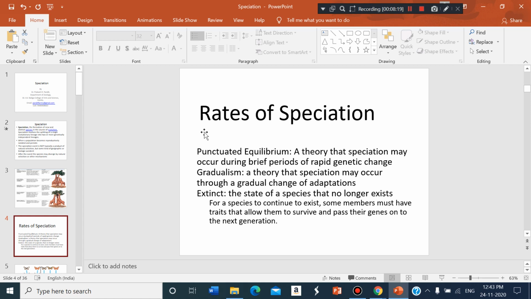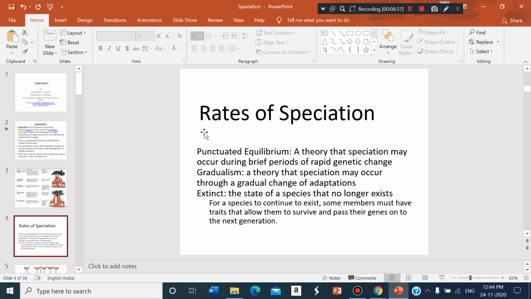That is what we call gradualism. So, as far as the rate of speciation is concerned, either it may be rapid, as mentioned in punctuated equilibrium, or it can be a slow and continuous process, as proposed in gradualism.